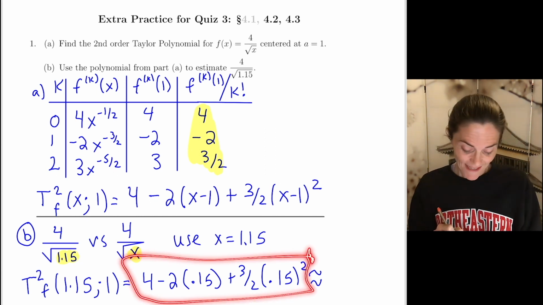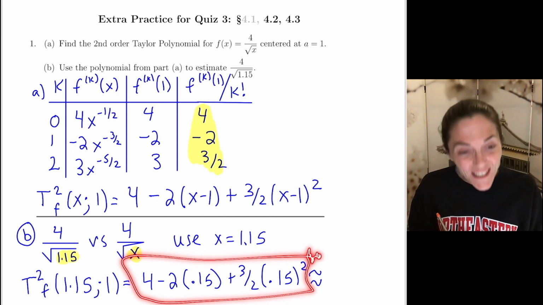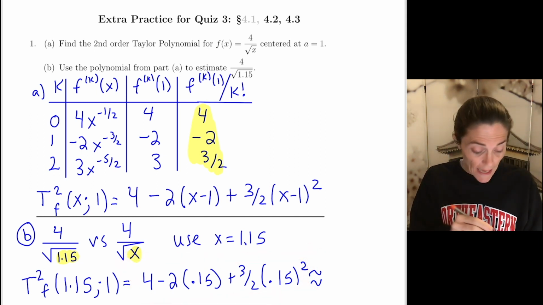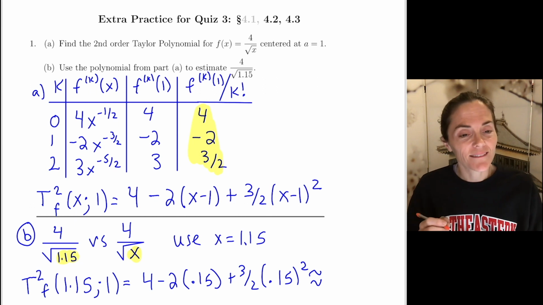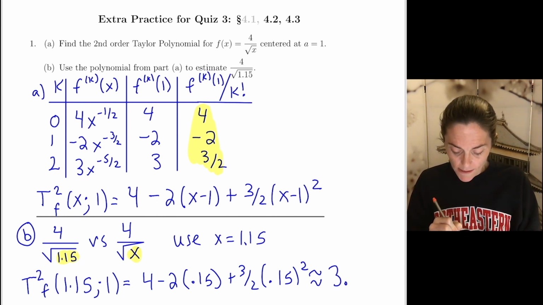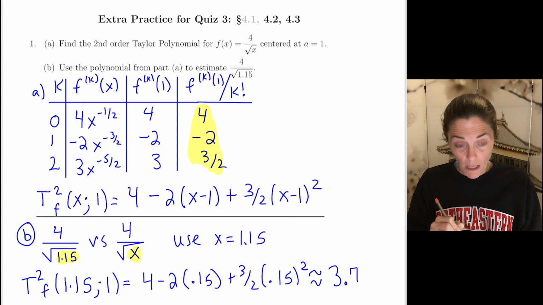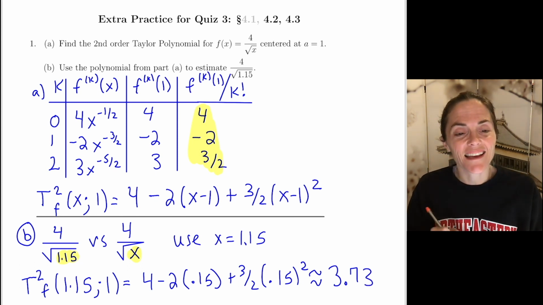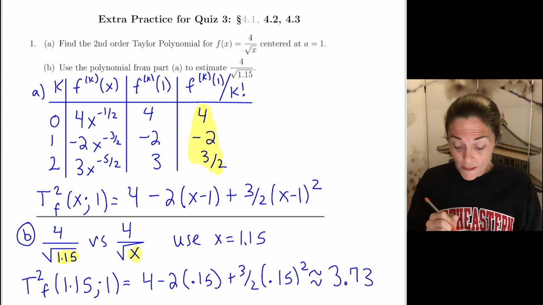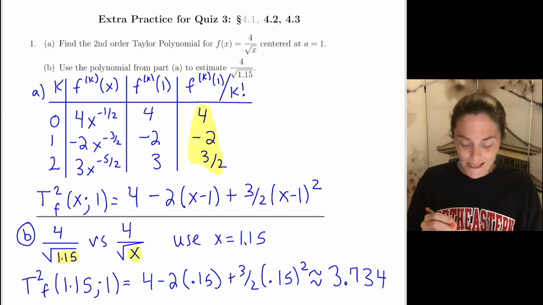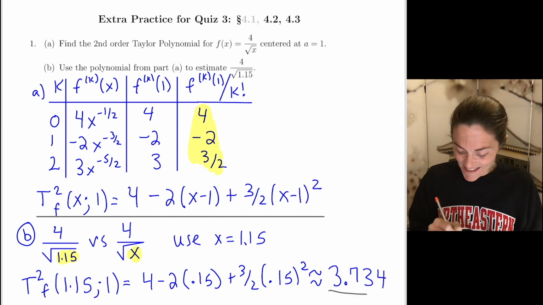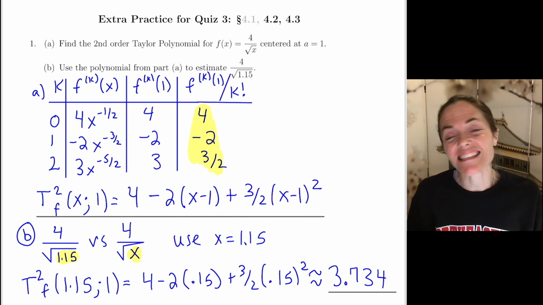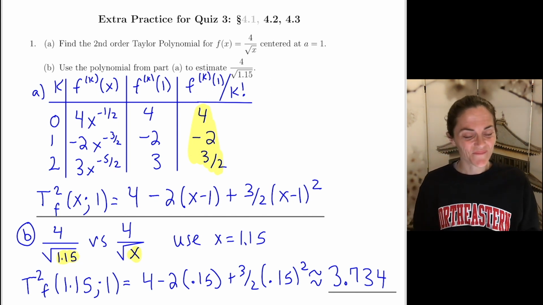Which is absolutely wonderful. Polynomial evaluation. But I get this is approximately 3.73375. Maybe I'll just round to 3 decimal places and leave it like this. Okay, so this is the end of number 1.